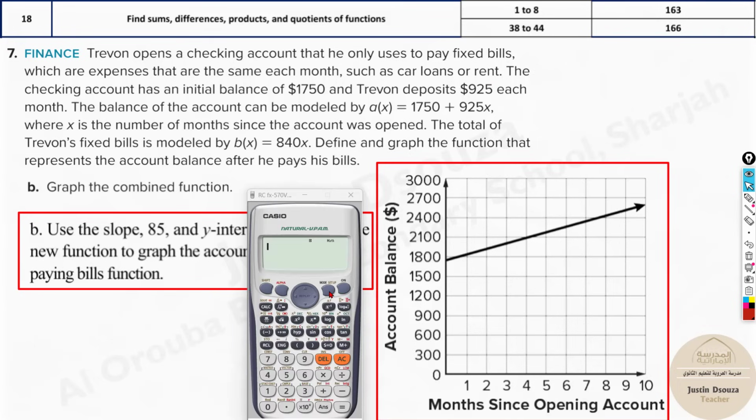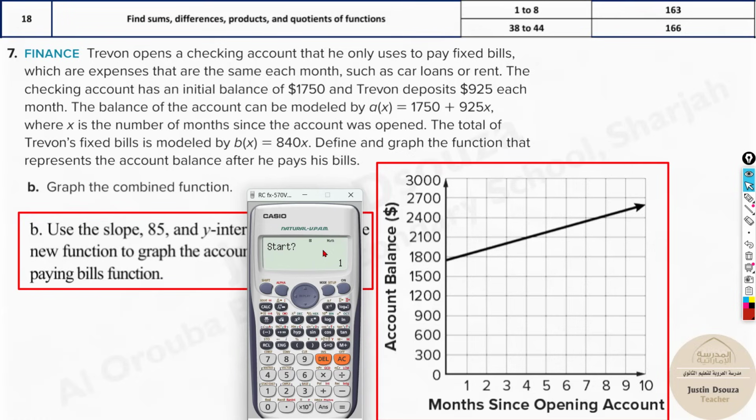You need to go to mode, and then press the table option 7, and over here we enter the function. Now what is the function? It was 85x plus 1750. You can even write 1750 plus 85x, the answer will be the same. You may not get this option, but if you get it, just ignore it. We are just graphing one equation.